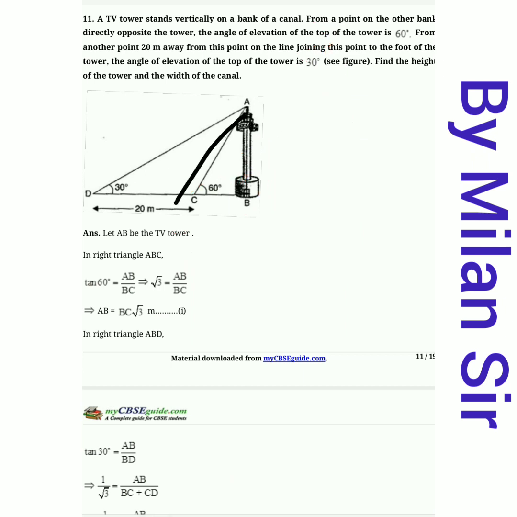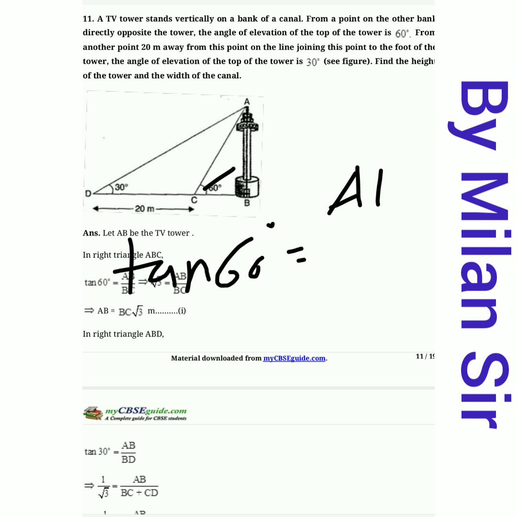Right now this is our triangle. We find the relation with AB, which is the opposite side, and we assumed BC is equal to X. This is our adjacent side. So again we use tan theta here, because we have the opposite side and the adjacent side. So tan 60 in triangle ABC is the opposite side AB upon the adjacent side BC.